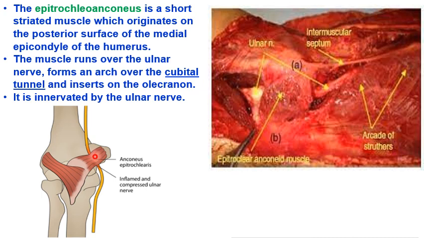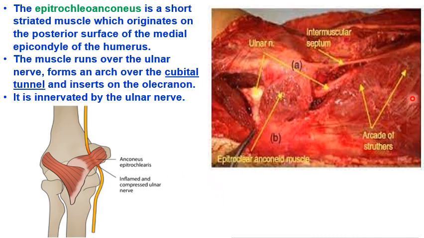This epitrochleoanconeus takes origin from the posterior surface of the medial epicondyle and blends with the anconeus muscle, forming a cubital tunnel through which the ulnar nerve traverses and can get compressed during flexion of the elbow.